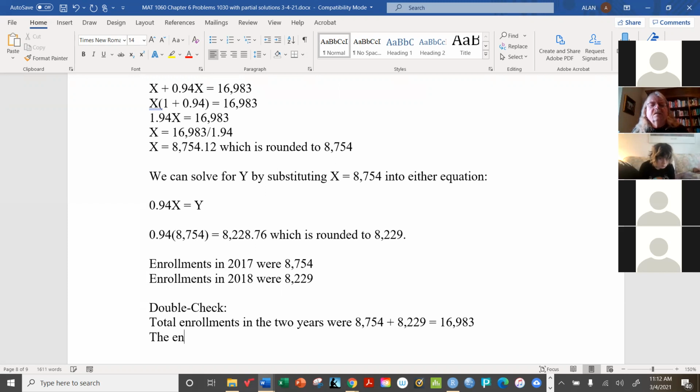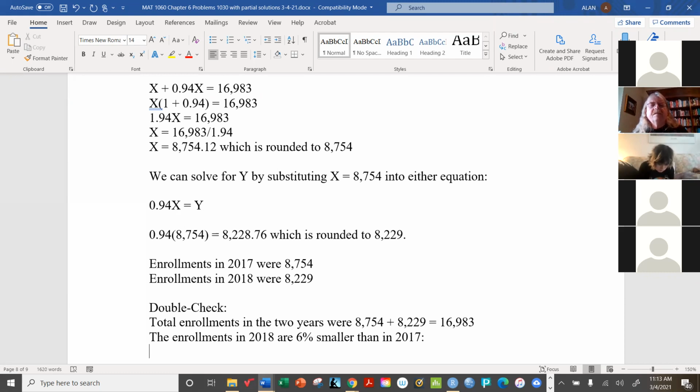And the enrollments in 2018 are 6% smaller than in 2017.